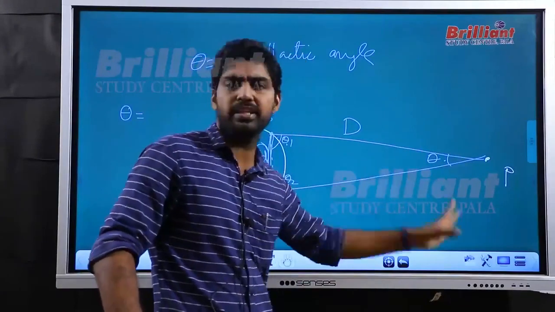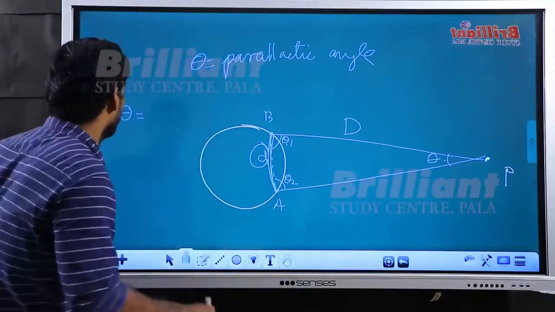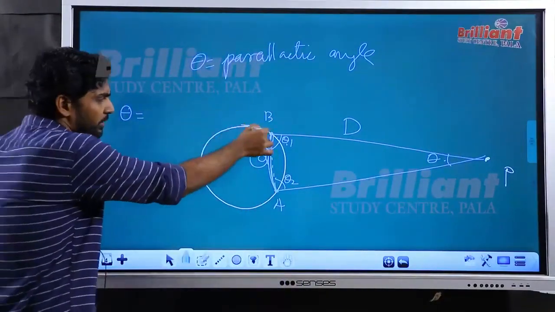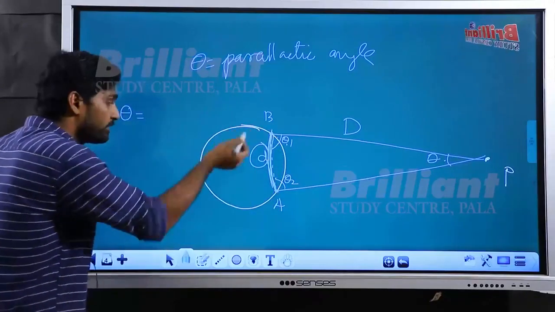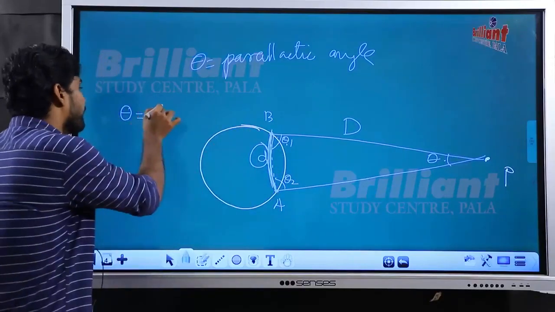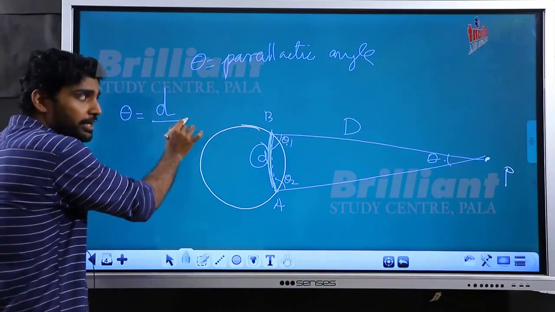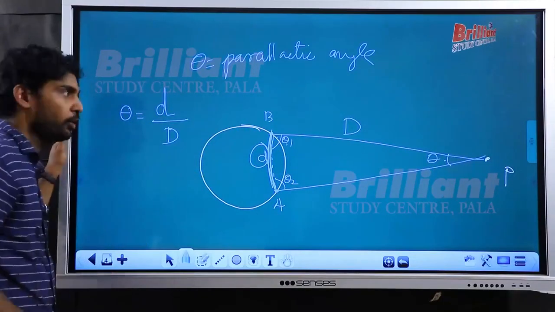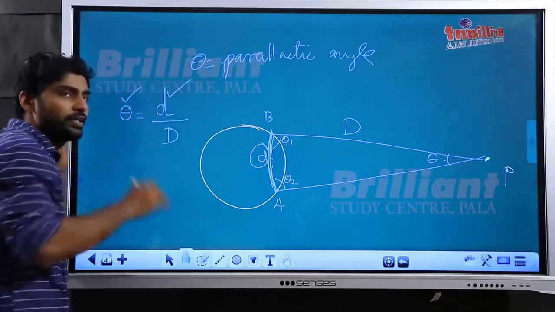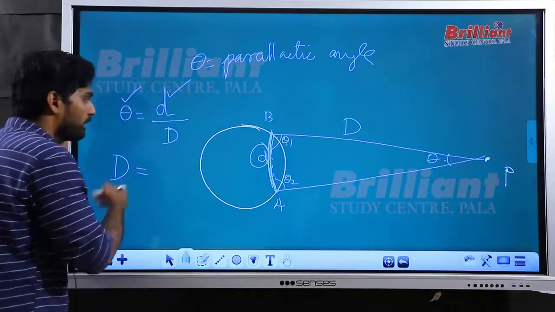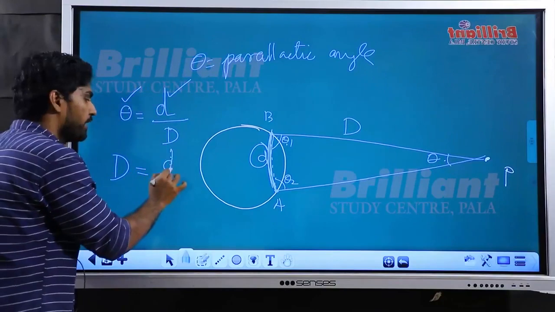This angle is much smaller than 1 radian, so using this triangle, we can treat this as an arc. Then the angle is equal to arc length divided by radius, and what is the radius? The distance to the planet. We know the value of theta, we know the value of D. Then the distance, capital D, is D divided by theta.